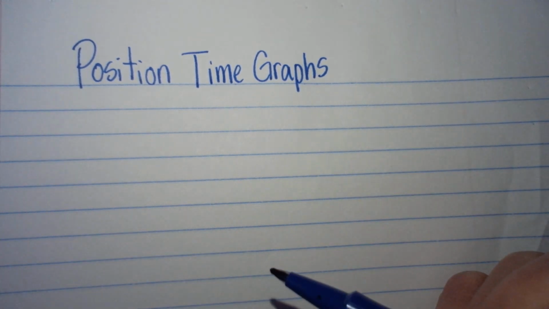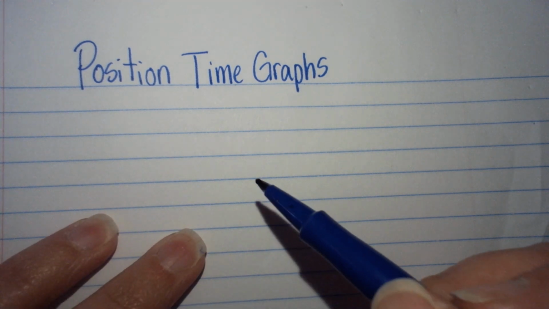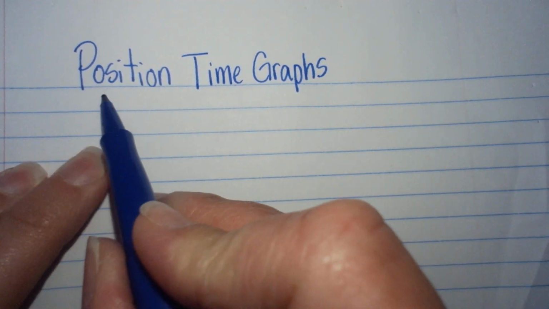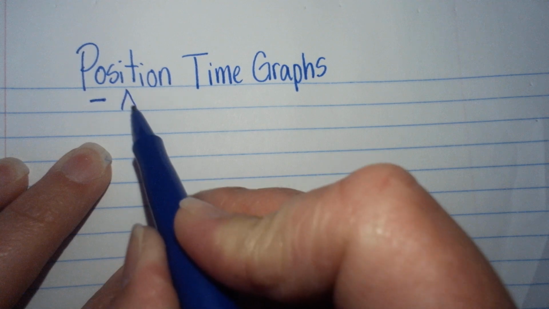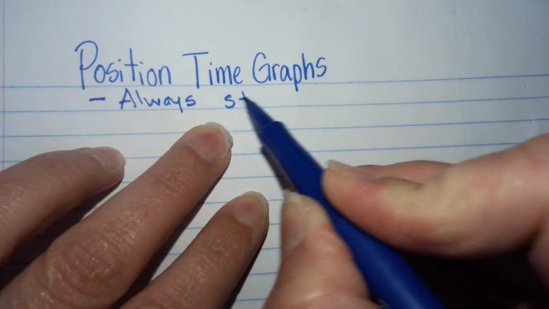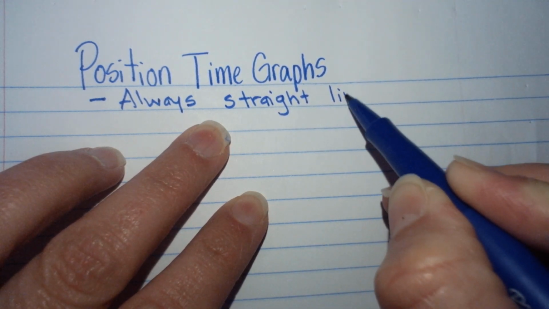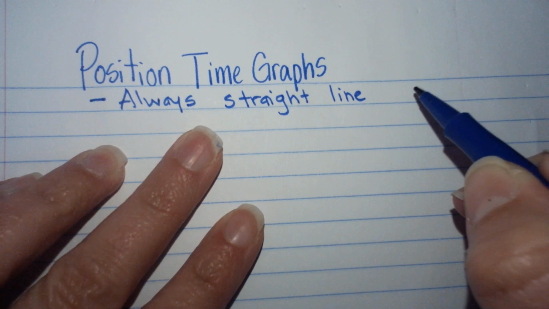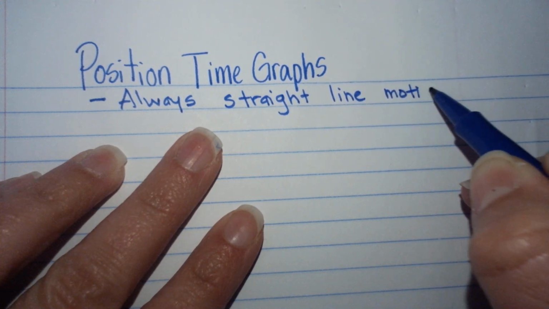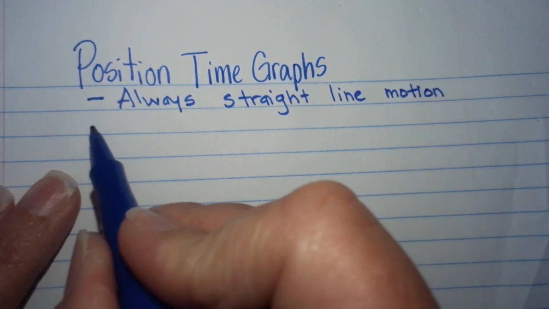We will kind of start with the motion that we always see with position time graphs. It is always straight line motion. Okay, always straight line motion.